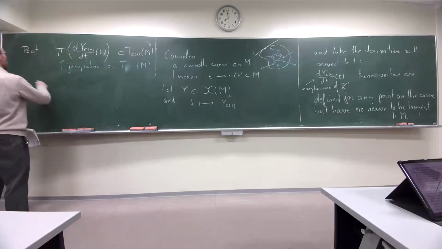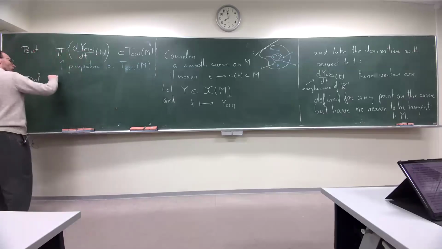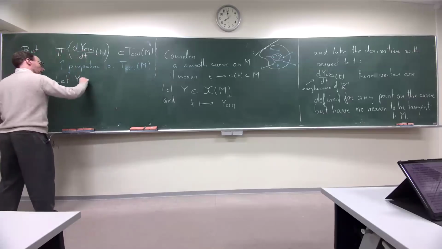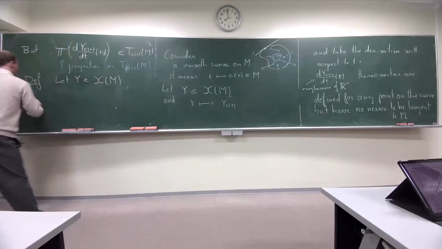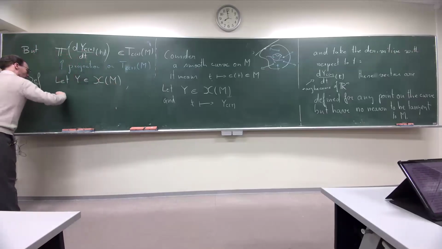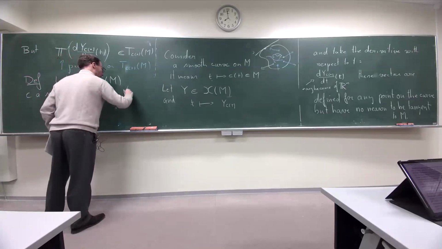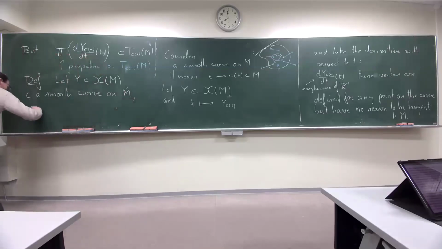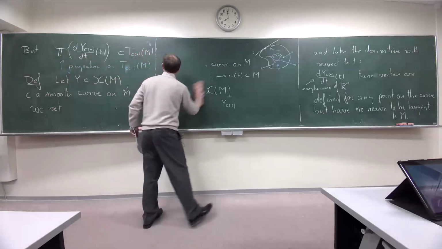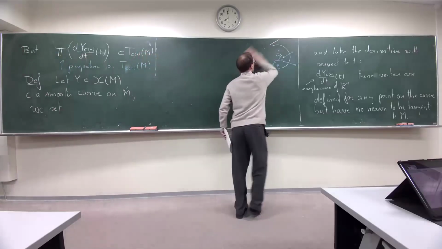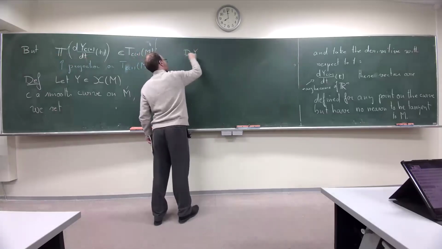Definition, and I will probably stop after this definition. I just recall the framework: let Y be a vector field which is tangent to M, and c a smooth curve on M. We set, so I give a definition to this object. It's a strange definition, but it's written like this.